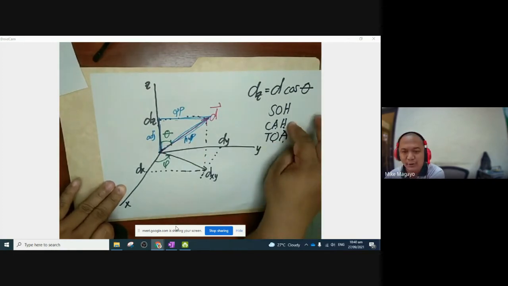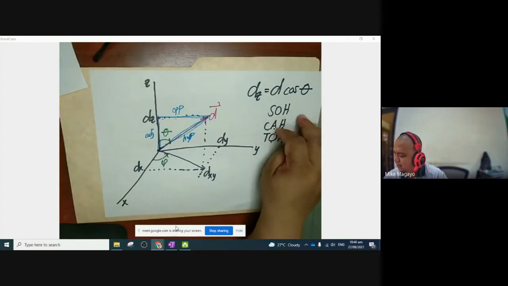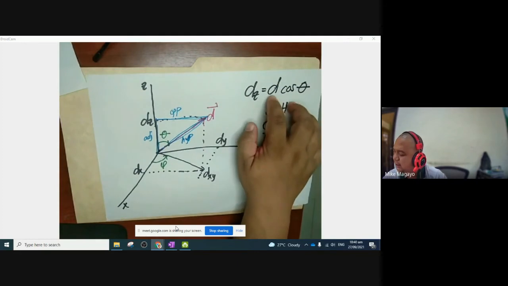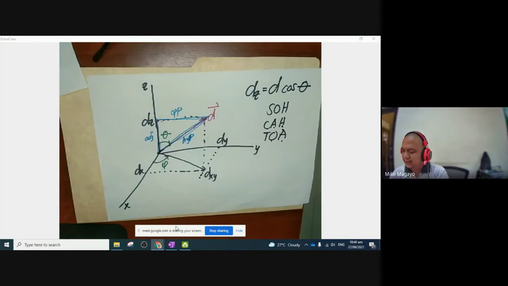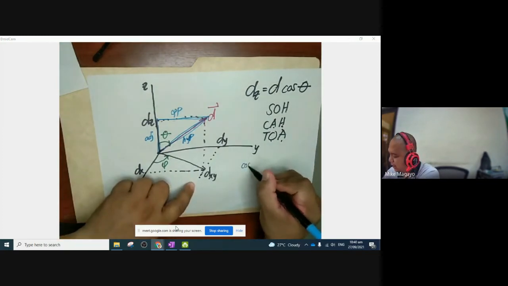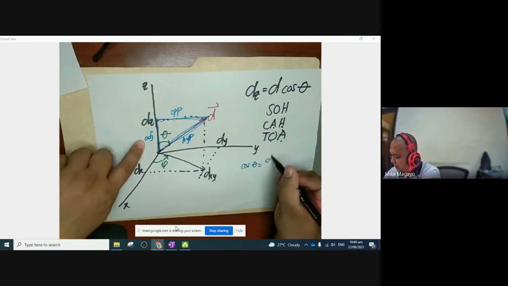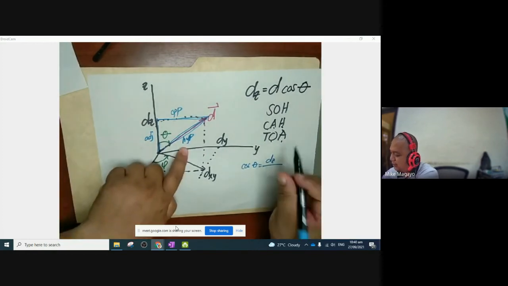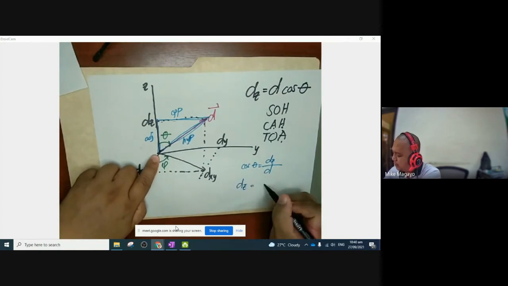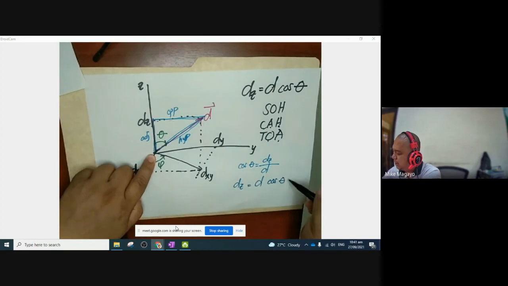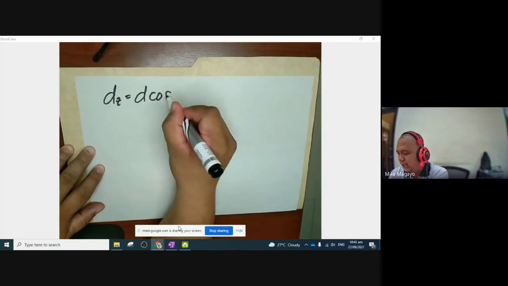So we should use cosine theta. Cosine theta is adjacent, which is dz, over hypotenuse, which is just the length of d. And to solve for dz, it's just d cosine theta. To calculate dz, we mentioned it's d cosine theta.